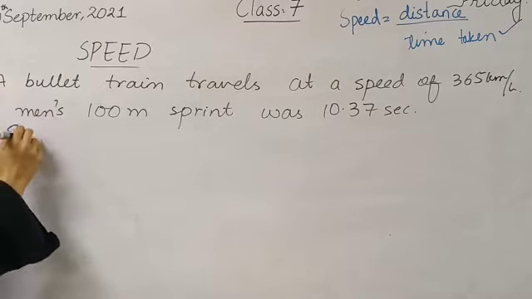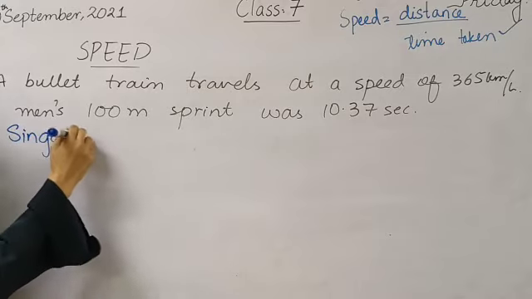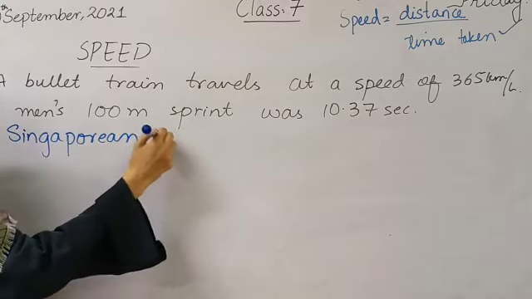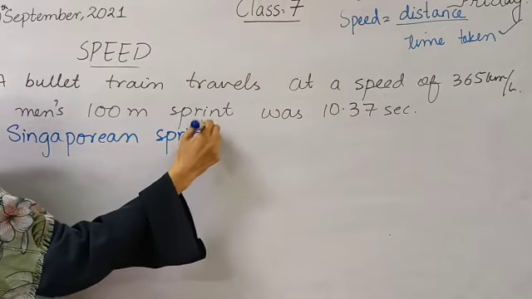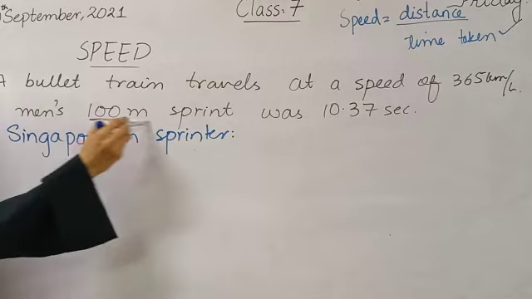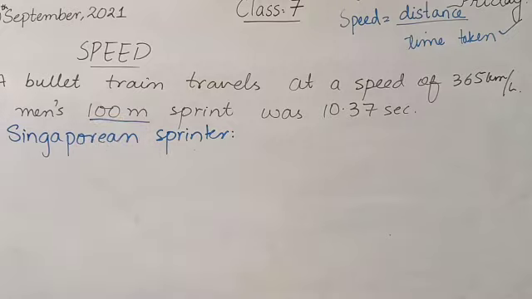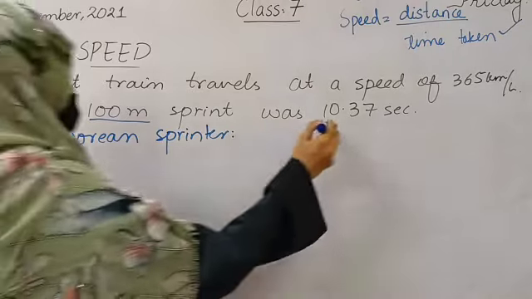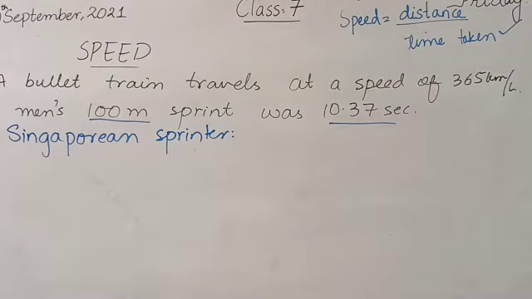So right here, Singaporean sprinter. What is given? What is 100 meter? This is the distance. And what is this 10.37 seconds? This is time.